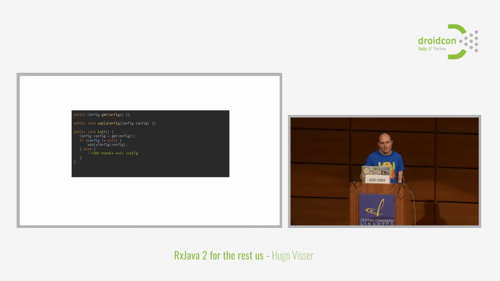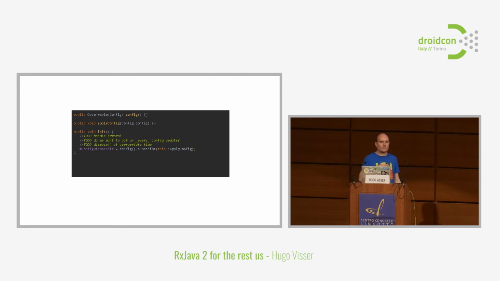If we would make this reactive, if we would use an observable here, then we don't care about whether this object is available at this point in time. We only care about subscribing to this object, and this means call the apply config method. So we subscribe to this configuration, and once it comes in, we know that our configuration will be applied. So that means that you are really changing the way you're thinking about this piece of code.